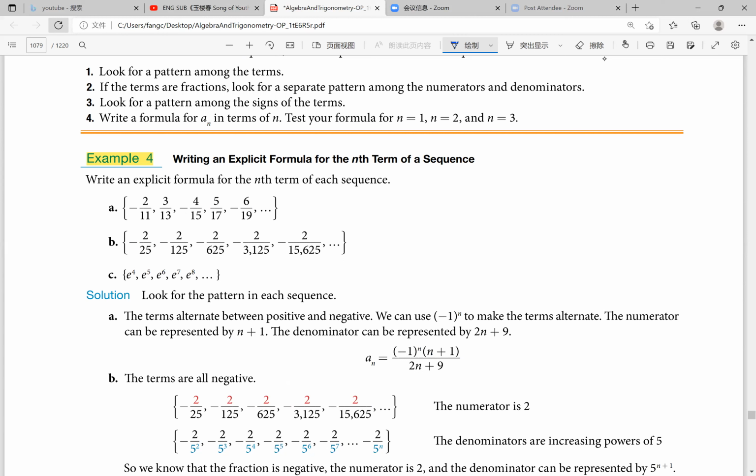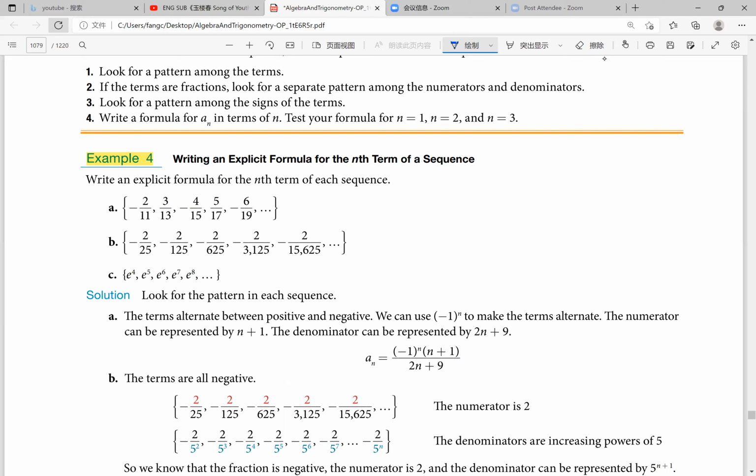Example 4, writing an explicit formula for the nth term of a sequence. Question, example A: -2/11, 3/13, 4/15, 5/17, and 6/19, and it continues. So this is an infinite sequence. To write an explicit formula for a sequence, a very important first step is to find the rule, or the order, or the regularity of the sequence.